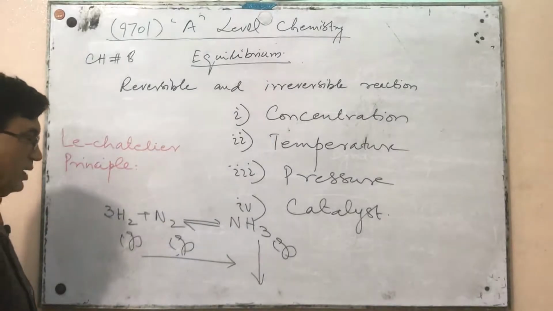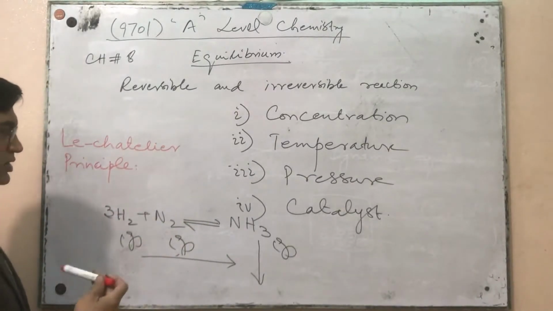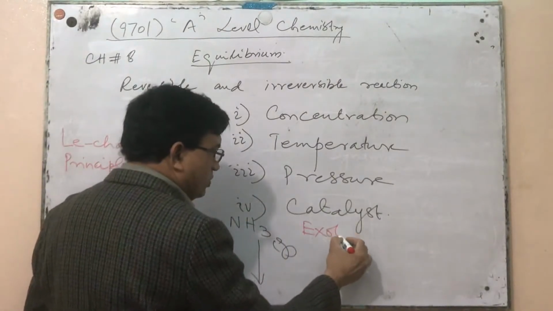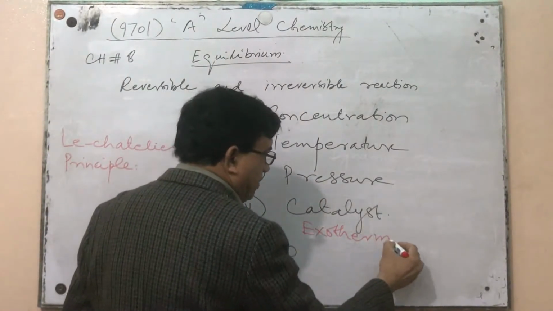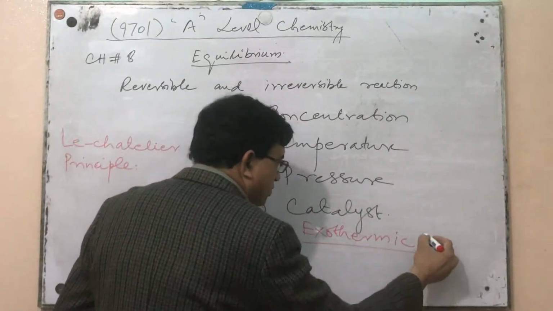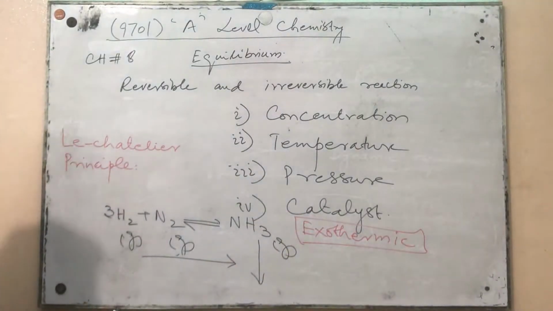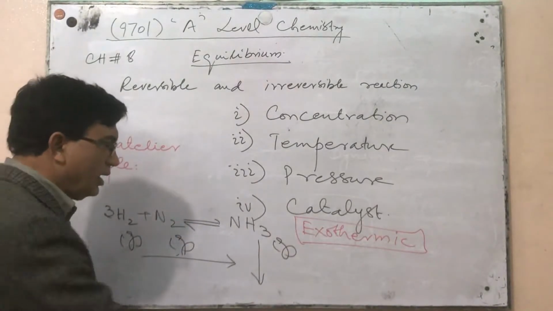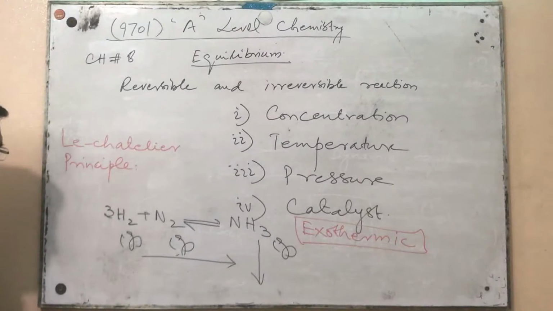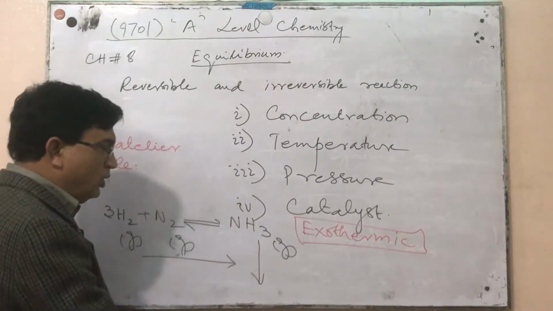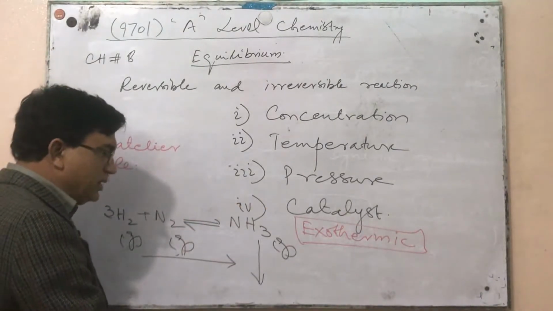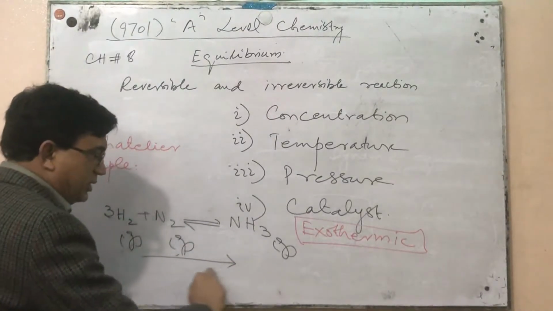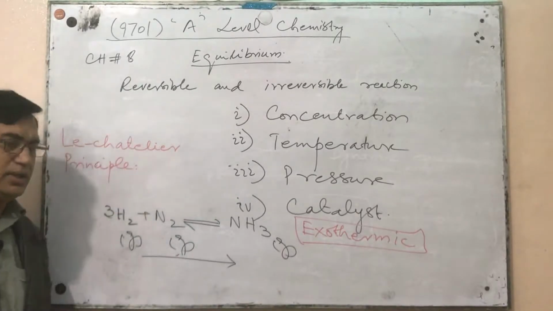For example, this ammonia formation is an exothermic process, which means heat energy is released during this process. It means if the reactions are exothermic, then by decreasing the temperature, the reaction will move towards right.